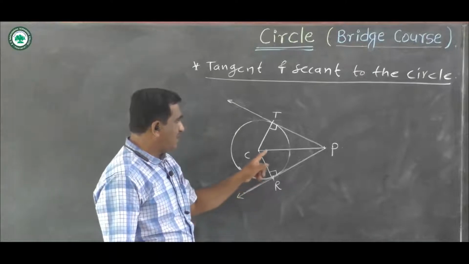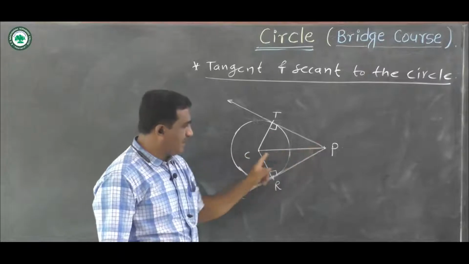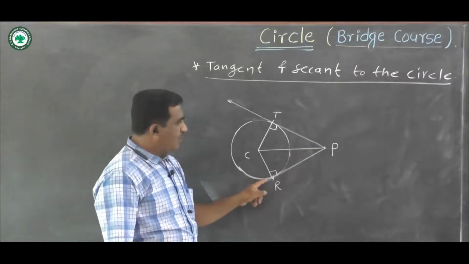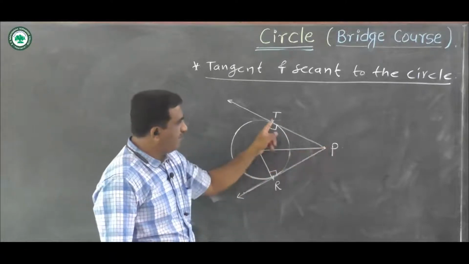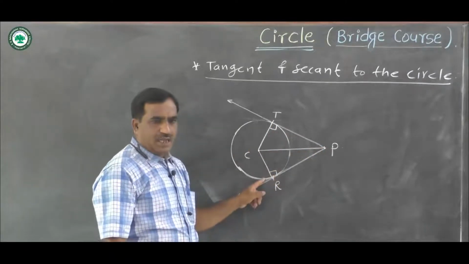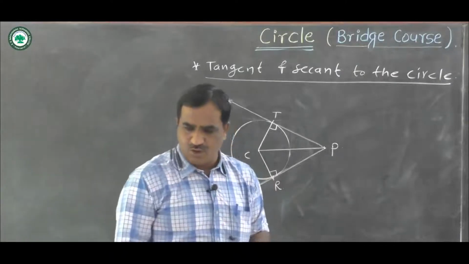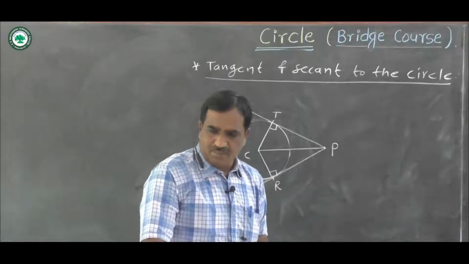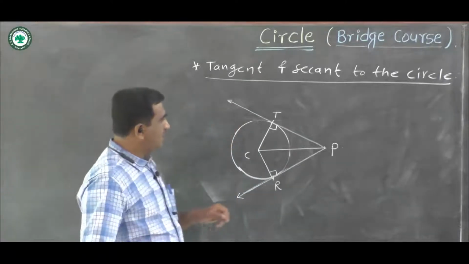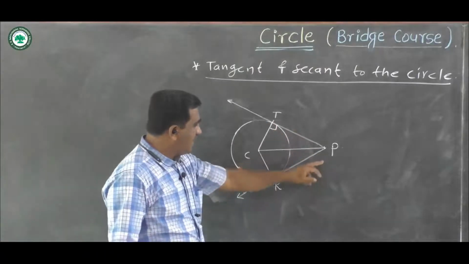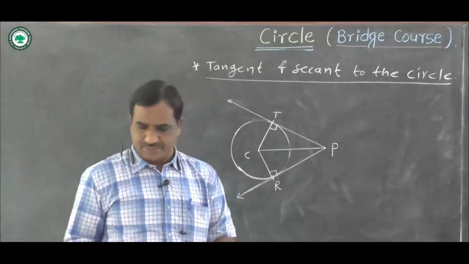By the SSA property, these two triangles are congruent, therefore the remaining sides PT and PR are also congruent. Therefore, tangent segments drawn from an external point to a circle are congruent.